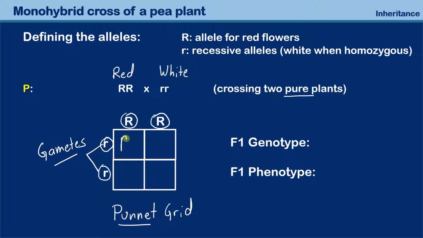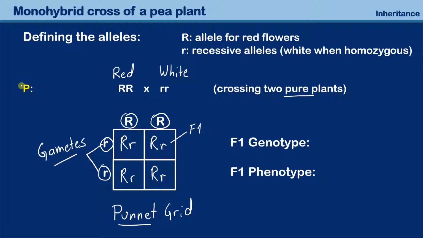You can now try all combinations, and if this gamete over here is fertilized by this gamete over here, we have a capital R, lowercase r. It's a heterozygous plant. Over here, the same thing. Over here as well, and over here as well. So all of the offspring, and these offspring are referred to as the F1 generation. The F stands for filial.